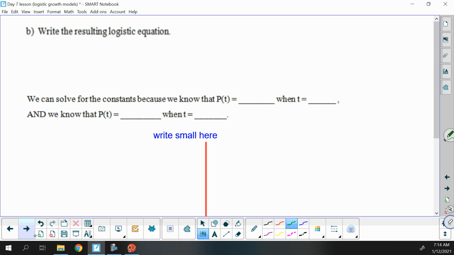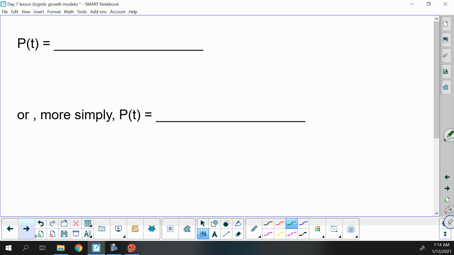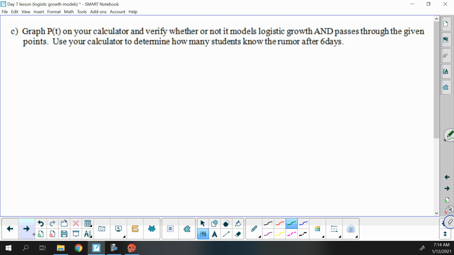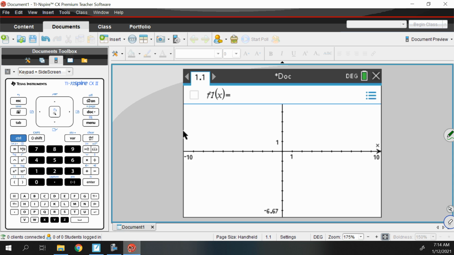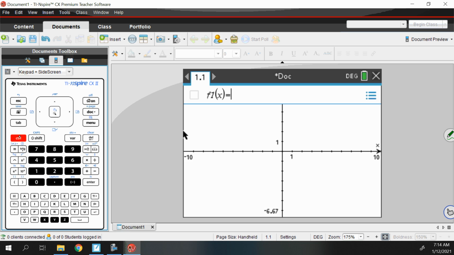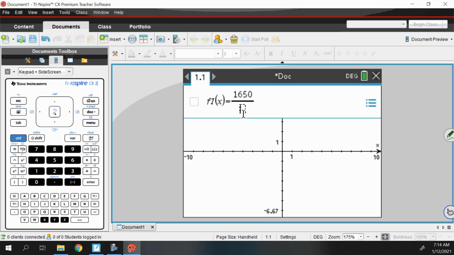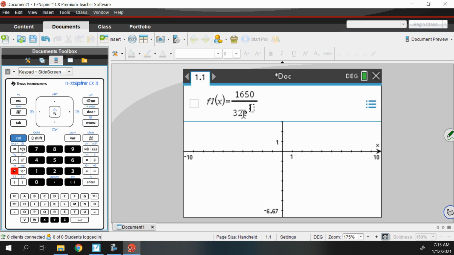So we've kind of done all those steps there. Sorry, I kind of put them all on the same page. So if we graph this now, we got the 1650 over 32e.